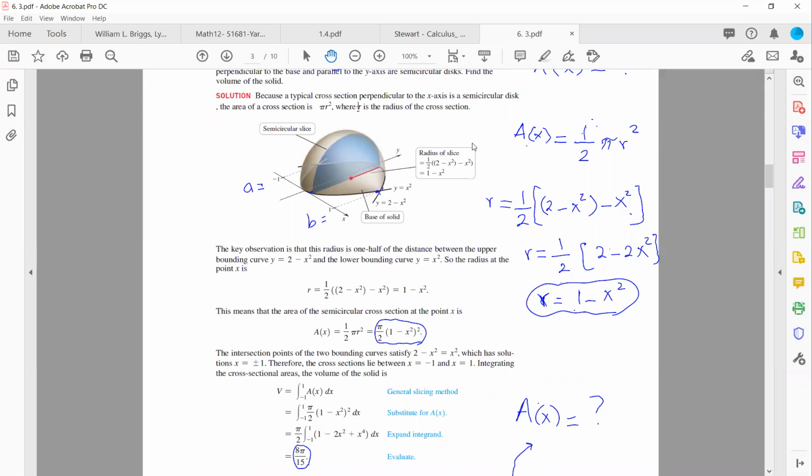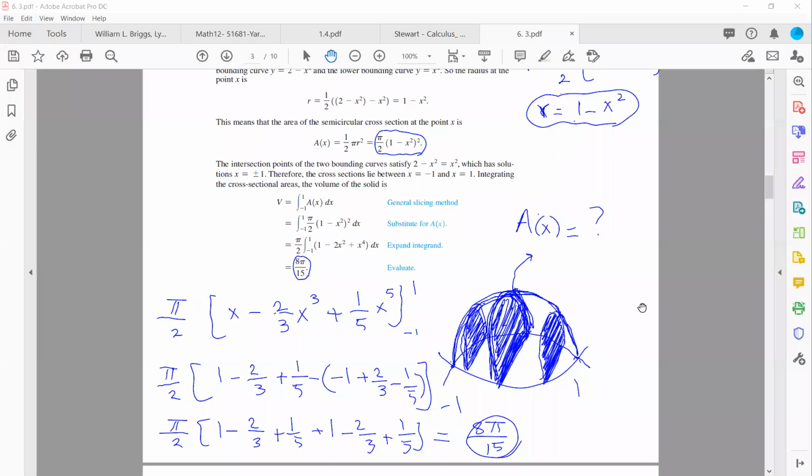Look at the distance between these two functions. 2 minus x squared minus x squared is the total distance. So we have to divide this distance by 2 to get the radius. Let us move on to the next page.